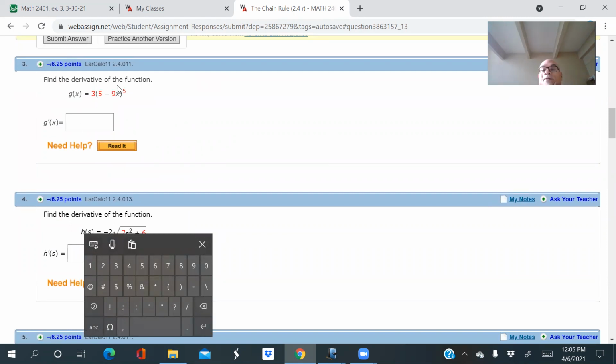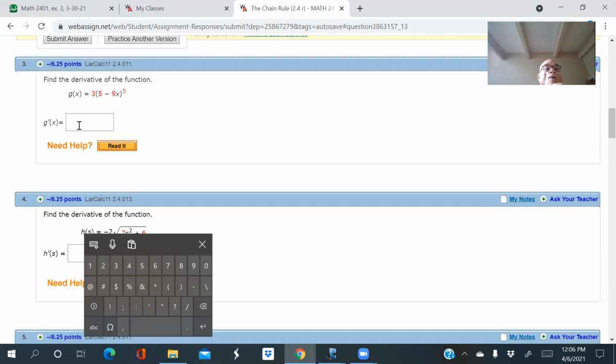They ask you to find the derivative, and you just have to recognize, okay, I can use the power rule to find this derivative because I have an expression raised to this power. So I can bring the 5 down and subtract 1 from the exponent. But the only complication here is because this expression is not just x raised to a power, it's this function raised to a power. I have to, at the end, multiply in the derivative of 5 minus 9x.